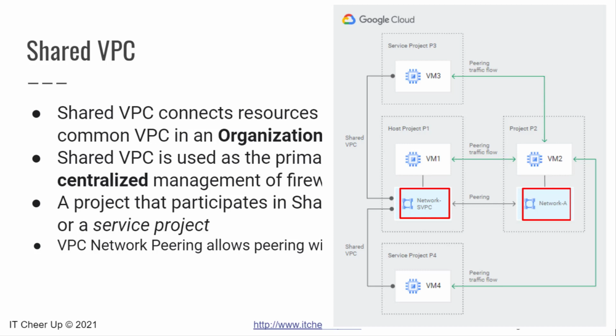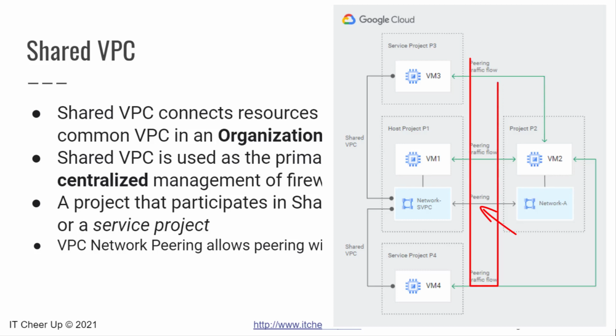As a result, you can see the VM instances in the shared VPC service projects that are using the network SVPC, VM3 and VM4, have private internal IP connectivity with any endpoints associated with the network A. VM instances associated with network A will have private internal IP connectivity with any endpoints associated with the network SVPC, regardless of whether those endpoints live in the host project or in a service project.